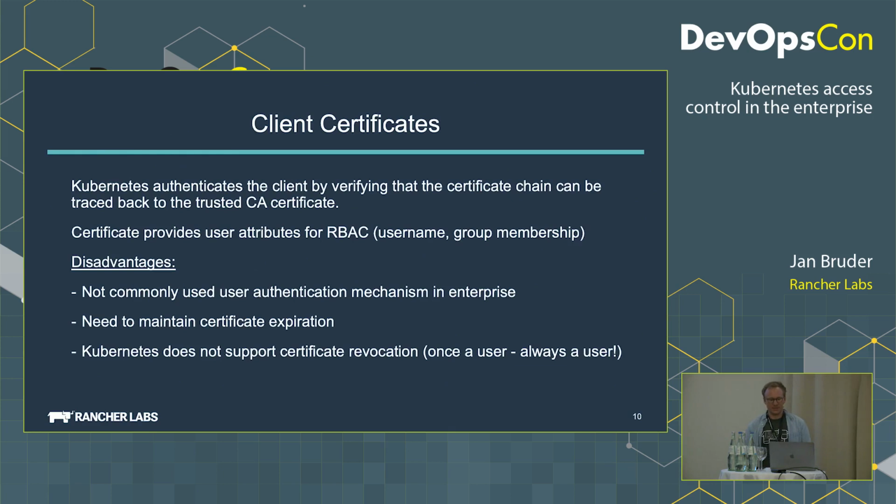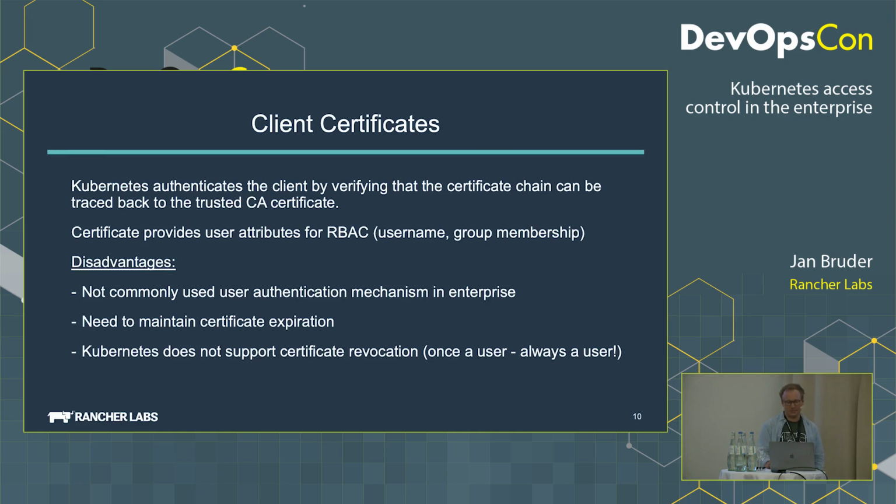So looking at client certificates, how does that work? Basically it works by Kubernetes verifying the certificate chain of the certificate that the client presented to it. So there's a handshake happening, and then basically each Kubernetes cluster is configured with a CA for client certificates that it trusts.